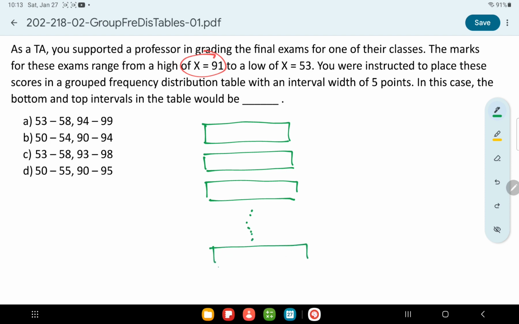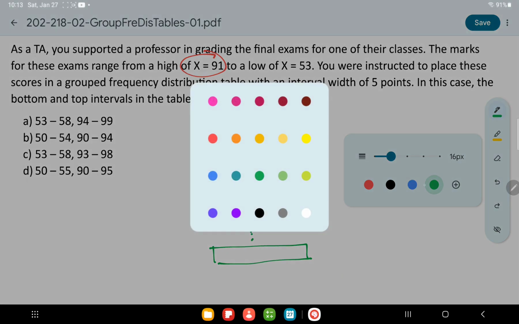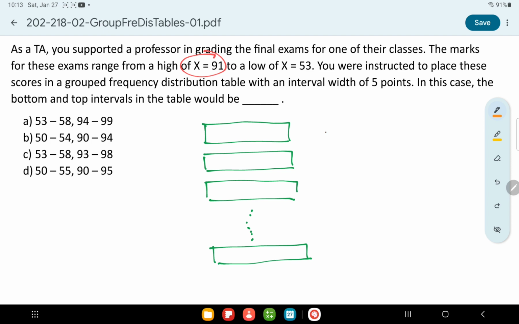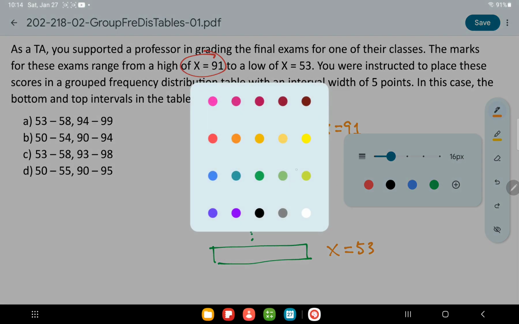So we've got the top interval, which must include the score of x equals 91. We will also need the bottom interval right there to include the score 53. You with me so far? Okay, so that's the setup right there.